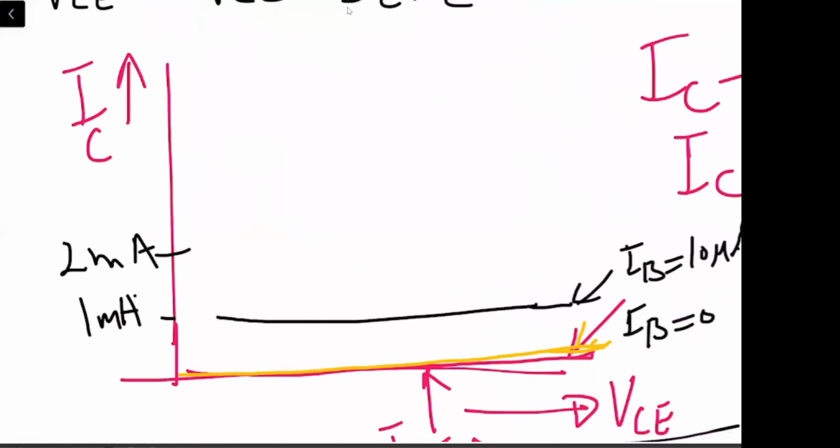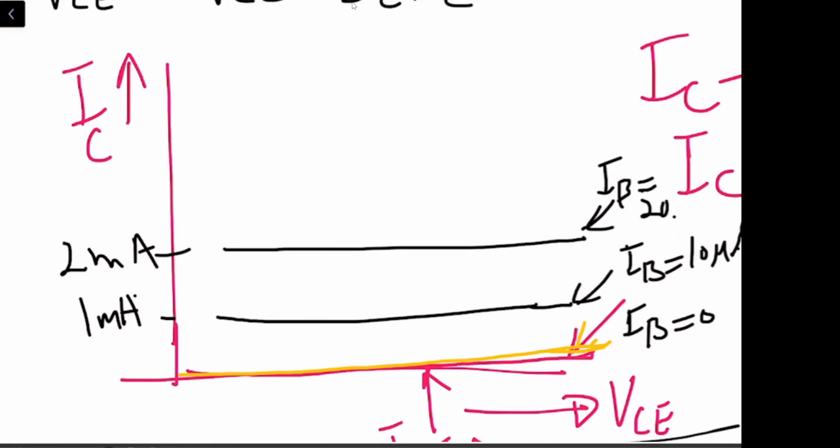So we will have a value close to 2 milliamperes when IB is equal to 20 microamperes. Are you with me?